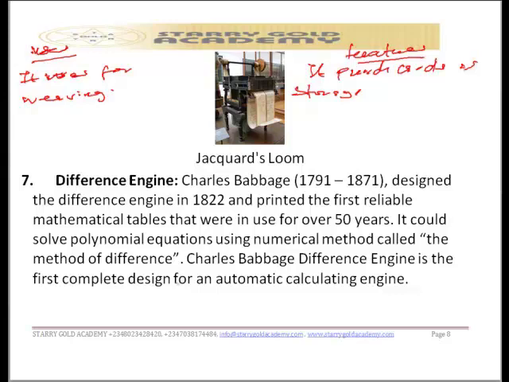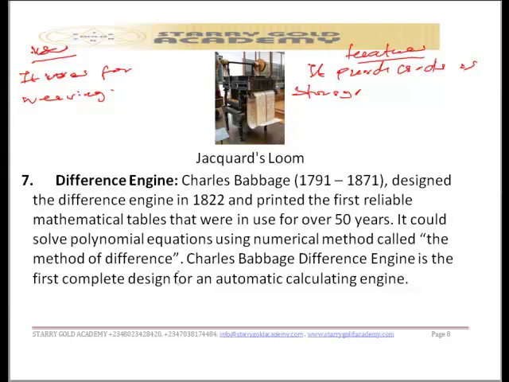He designed the difference engine in the year 1822 and printed the first reliable mathematical tables that were in use for over 50 years. This machine could be used to solve polynomial equations using numerical methods called the method of differences. Charles Babbage's difference engine is the first complete design for an automatic calculating engine.